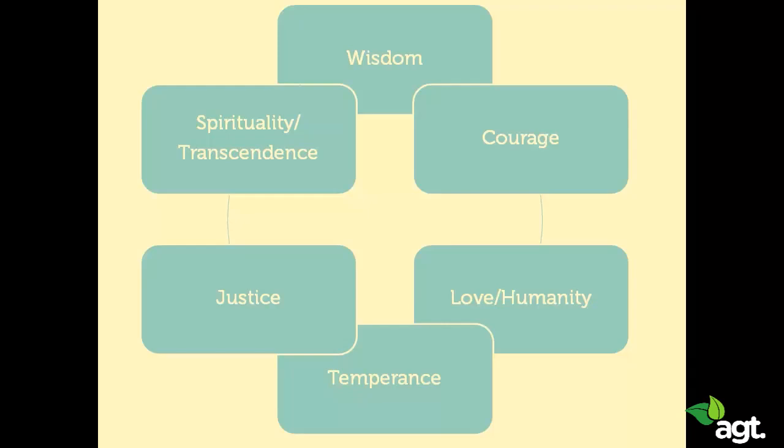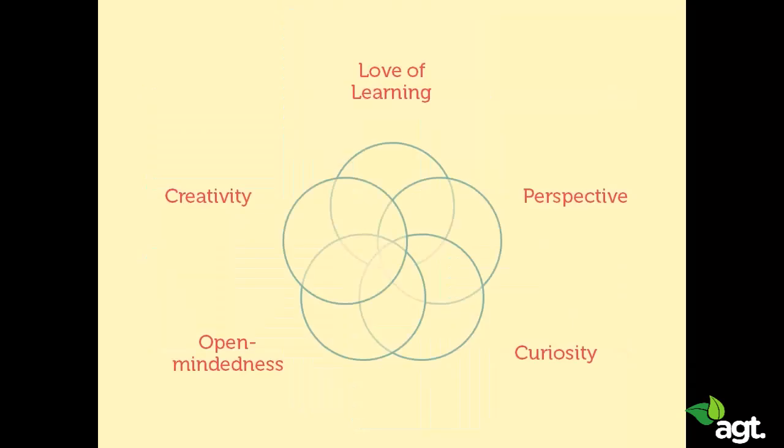And the way we put them into action is by applying our character strengths. The virtue of wisdom can be achieved through these 5 character strengths: love of learning, perspective, curiosity, open-mindedness, and creativity.